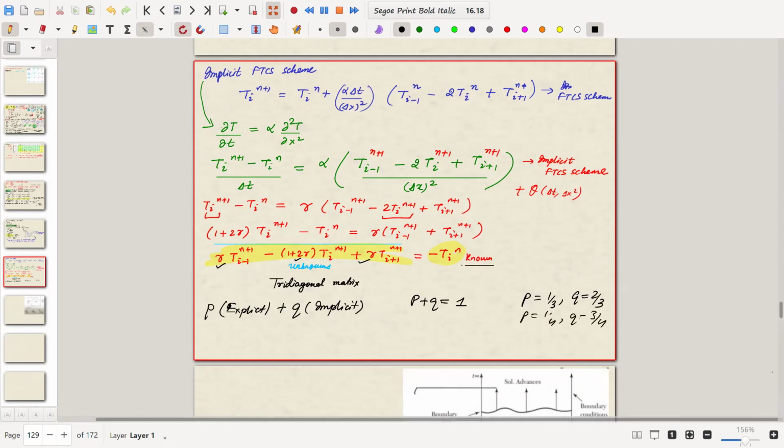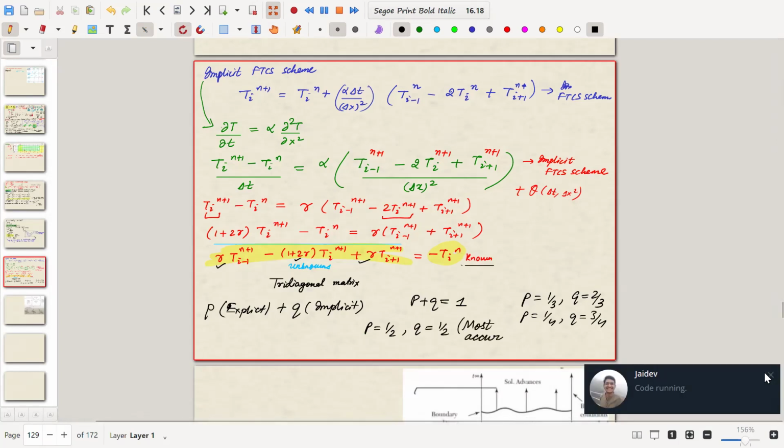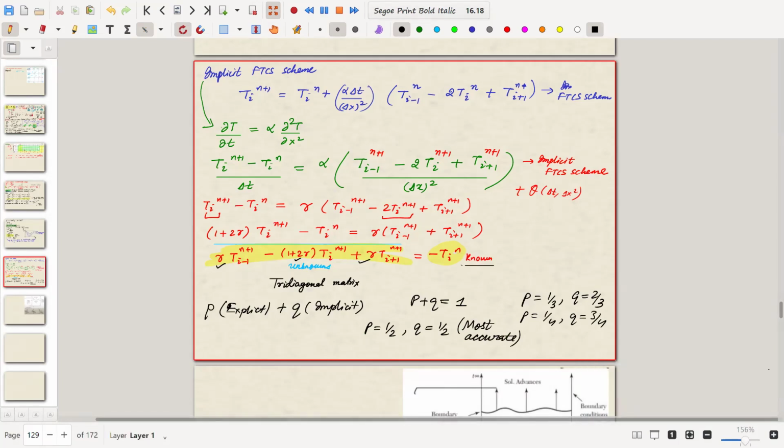There are infinitely many methods you can generate from this, but researchers finally came to the conclusion that if you take P equal to 1 by 2 and Q equal to 1 by 2, it is the most accurate one.